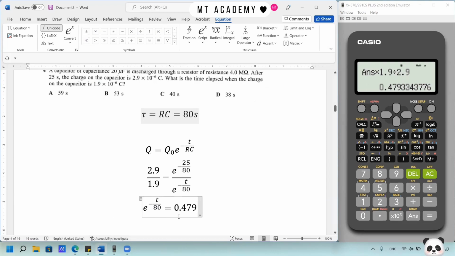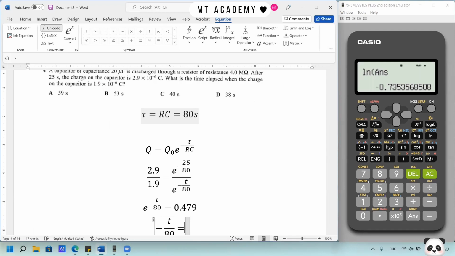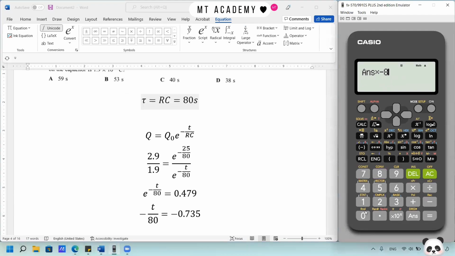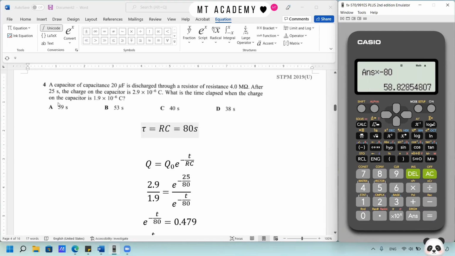So we're going to apply the ln function. And then we have negative t over 80 equal to negative 0.735. So multiply by negative 80 and you will get the final answer as 58.8, which is 59 seconds.